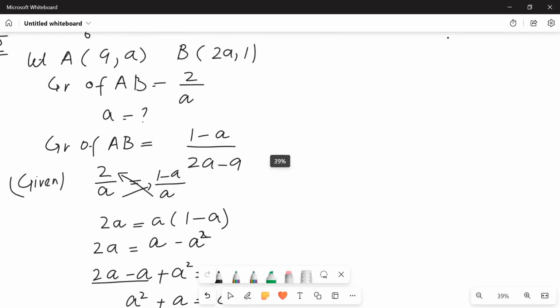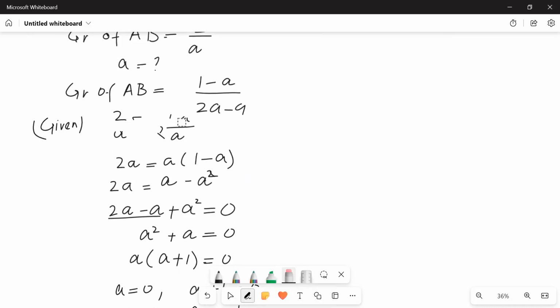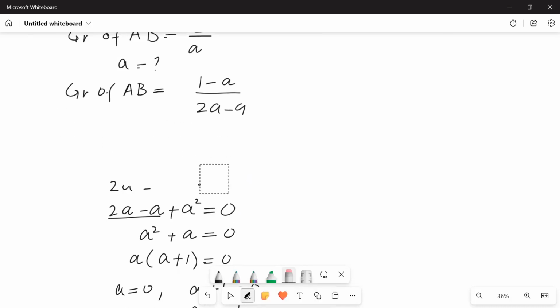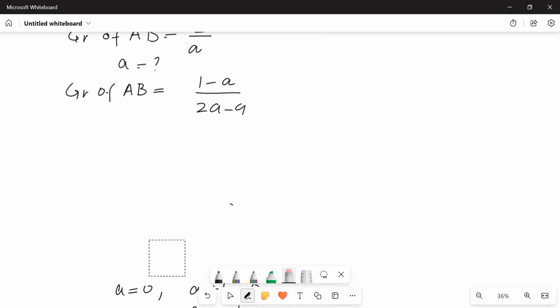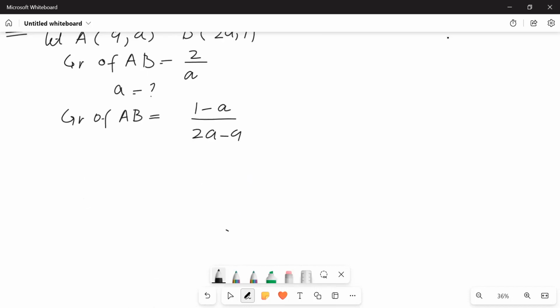This one is 9. So this is 2a minus 9. So I thought it is a and I did according to a. The answer is not matching, so this one is 9.